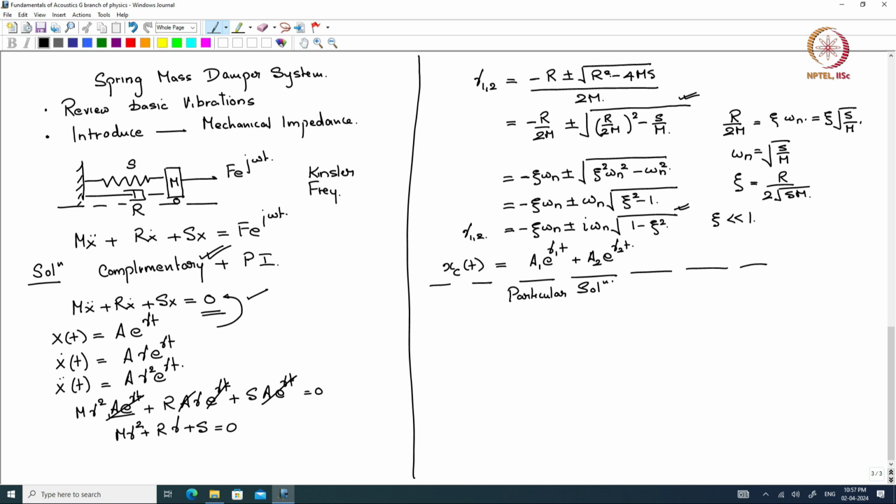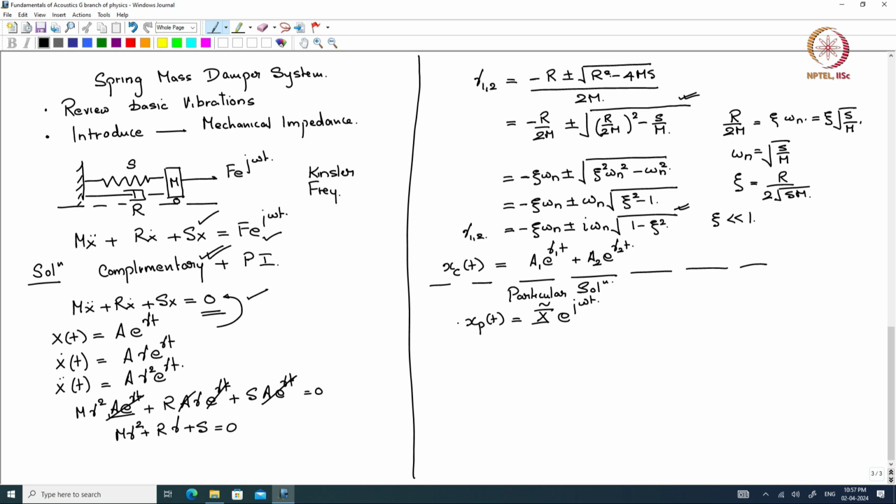Now because this is a linear system driven by a forcing at a single frequency, the system will respond at the same frequency. So I can write the particular solution as some capital X tilde, tilde implies it can be complex, e to the power of j omega t.